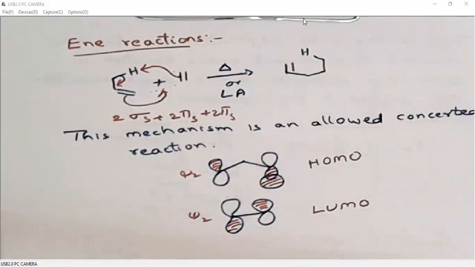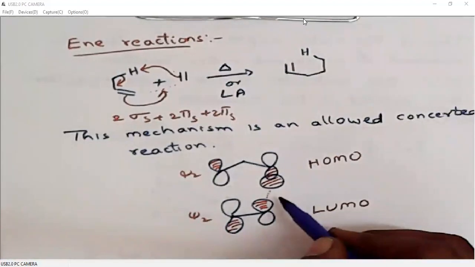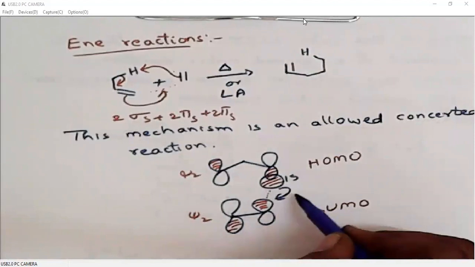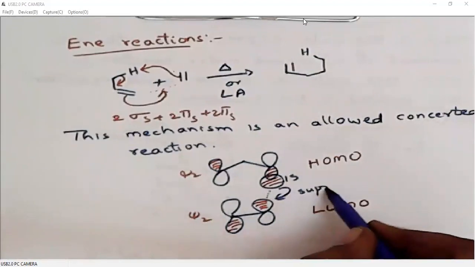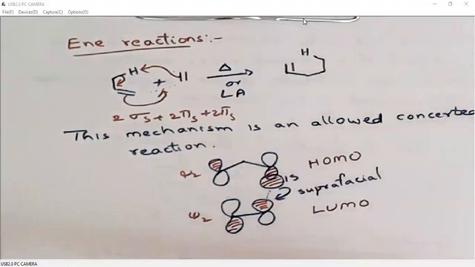Right. Now we can clearly see that the transfer of hydrogen is suprafacial. So this is the 1s orbital of hydrogen. So it is a suprafacial bonding interaction. So hydrogen can easily transfer.